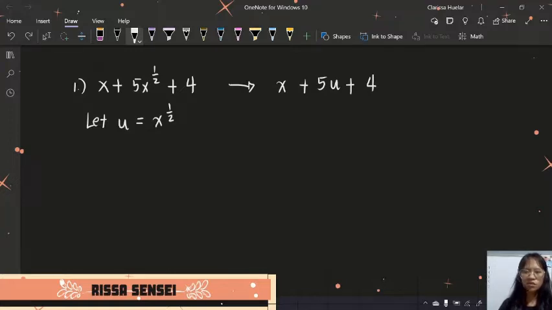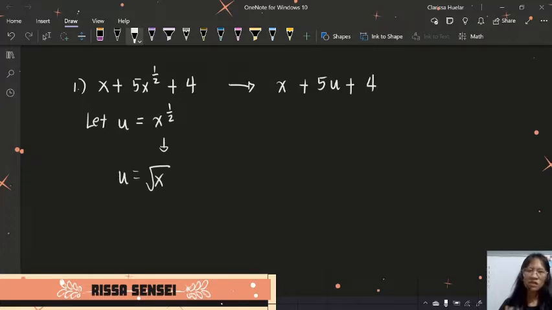Para makuha ko yung value ng x, i-reverse ko. I-raise to 2 ko on both sides, kasi, this is actually equal to square root of x.